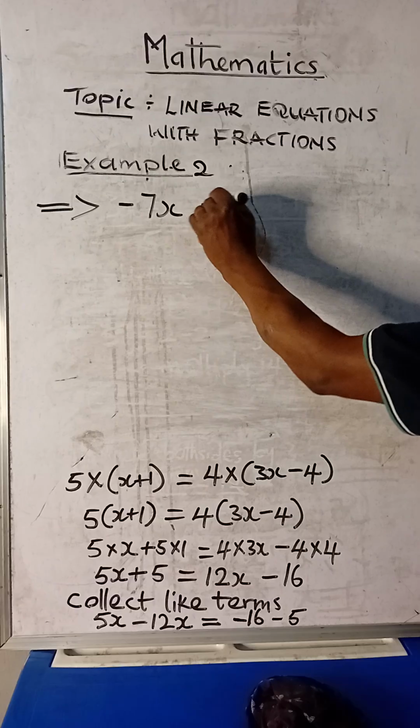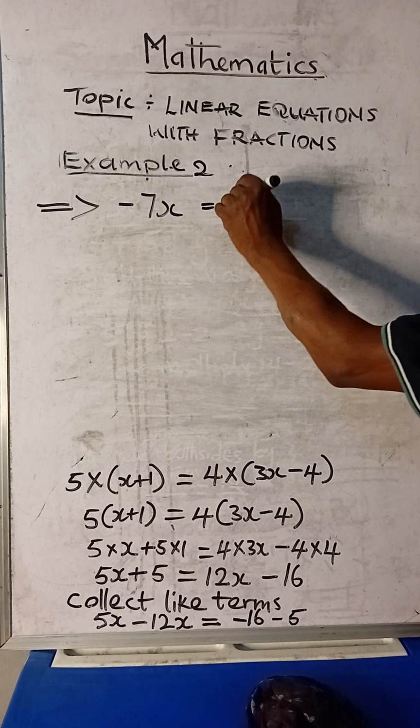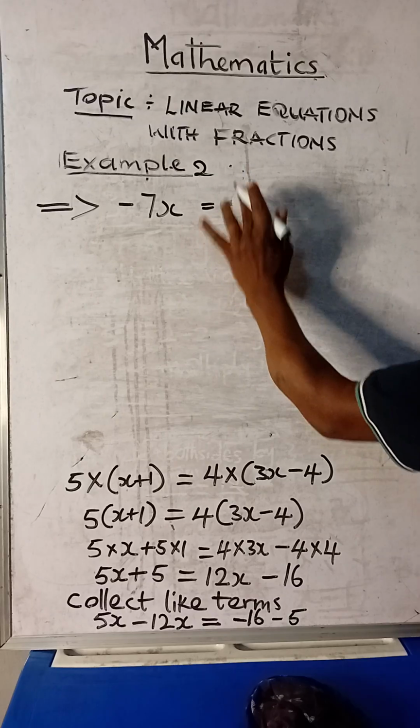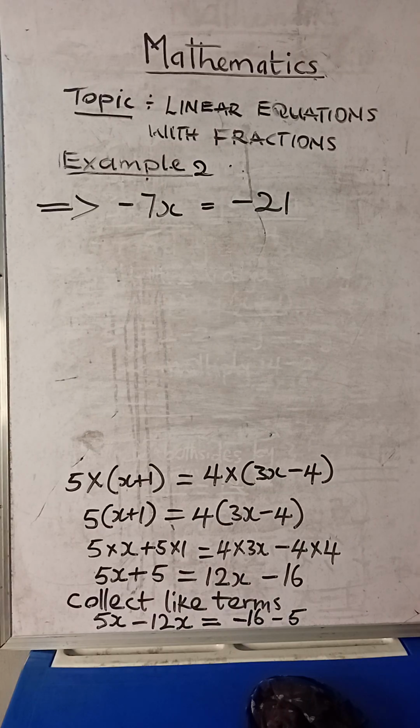Now, equals minus 16 minus 5. That will give us minus 21. I want to believe this is not a problem to us. 12 cannot be taken away from 5, so your answer is going to be in the negative. I want to believe we still remember that. And minus minus 5, which is not multiplication but addition, is going to be minus 21.